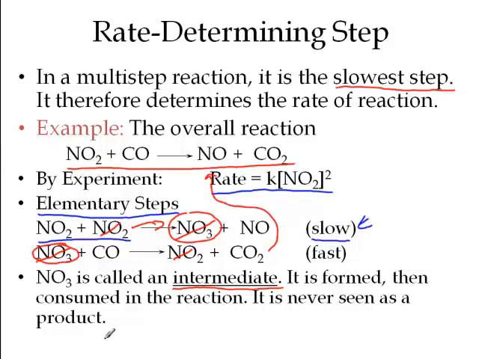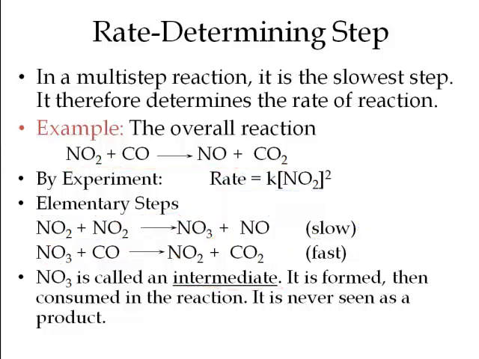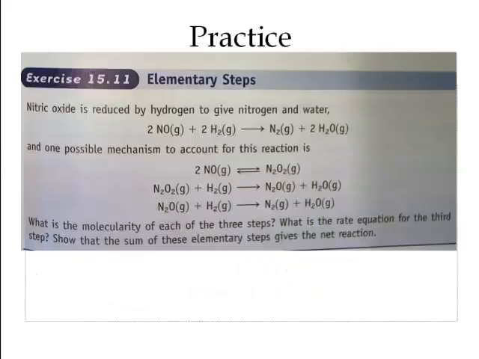All right. So knowing what we know now, let's look at a typical problem that we might see out of a textbook. So we've got this reaction right here. Go ahead and pause the video if you want to try the problem, but just read the reaction for a second and see what we're going to be doing. Now, this asks you, what is the molecularity of each step?